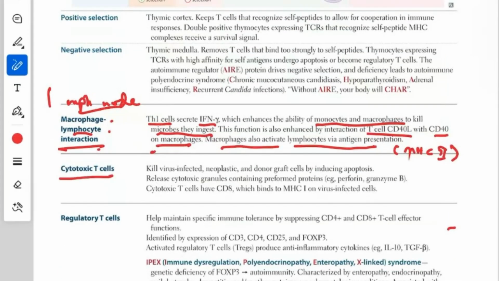All right. So for cytotoxic T cells, we said they kill virus-infected cells, neoplastic cells, and donor graft cells by inducing apoptosis, using perforins and granzymes. So they release cytotoxic granules containing preformed proteins, that's the perforin and the granzymes. The cytotoxic CD8 cells have CD8 on their surface, which binds to MHC1 on virus-infected cells.